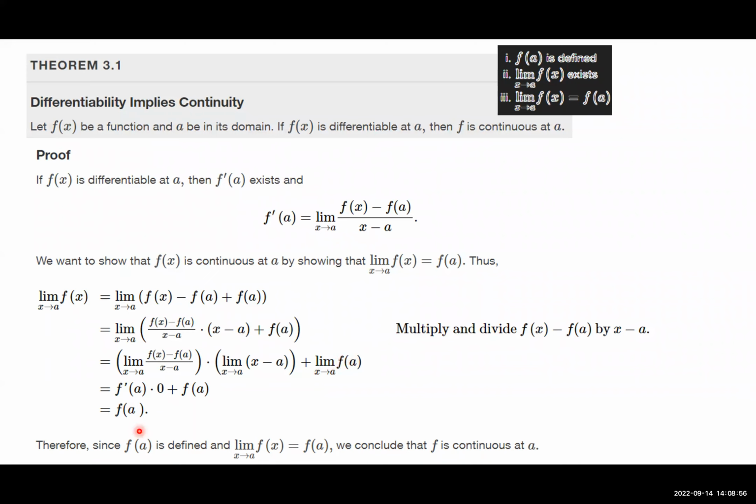And so there you go. You've shown that the limit exists, and that the limit of f of x is f of a. And so we are able to arrive at our conclusion. And that is where week 4's lecture will end.